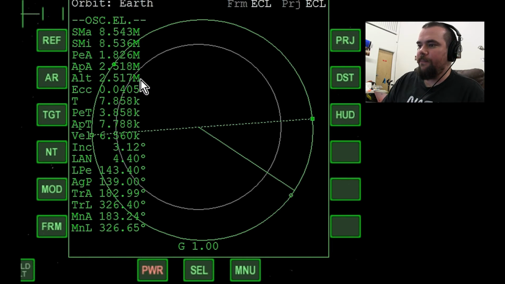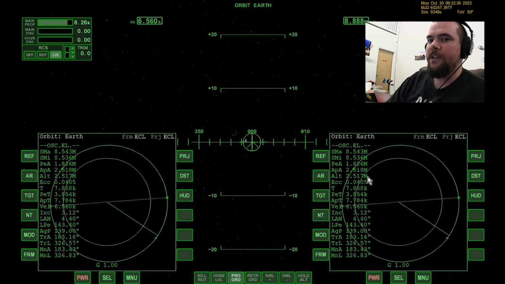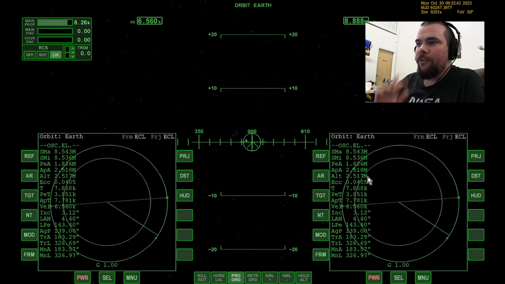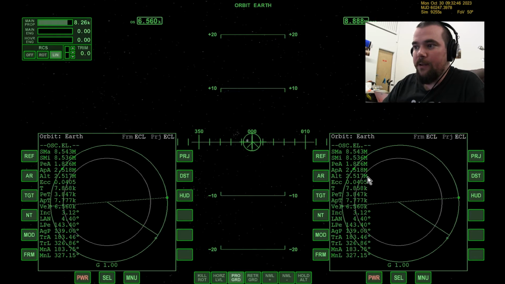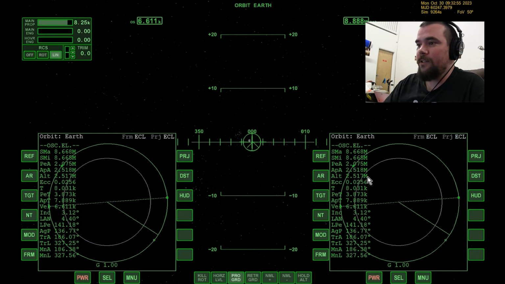All right, so there you go. That maneuver, basically those two burns: the first one increased the altitude on the apoapsis side, and then when I got to the apoapsis side, I did another burn in the same direction, forward, and that increased the altitude on the periapsis side. I'm doing a little bit more right now because it's not quite circular.